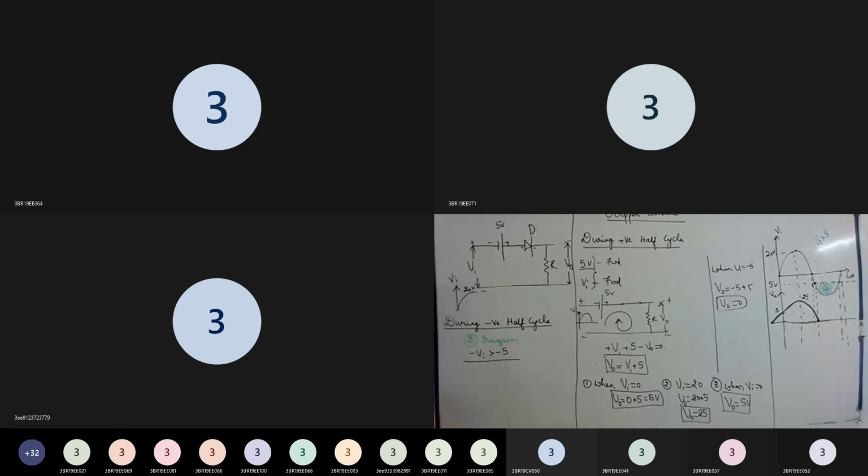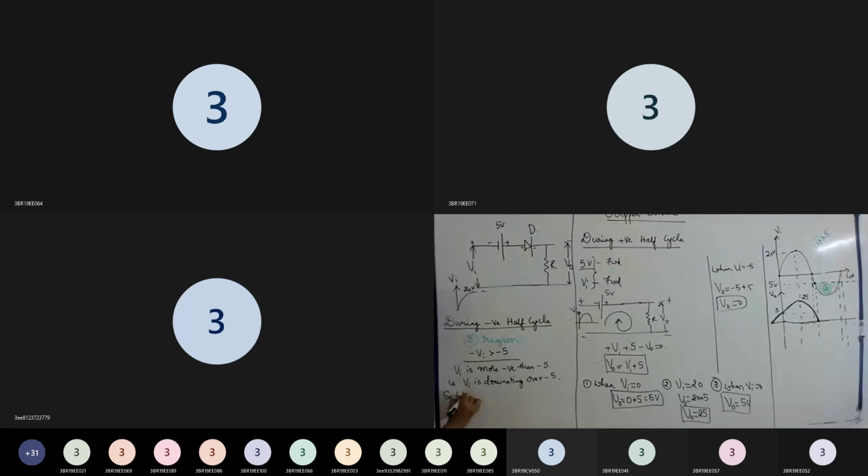This is the relation, or you can write it in words: Vi is more negative than minus 5. On the negative side, which one is dominating? Vi is more negative than minus 5, correct? Yes, ma'am. On the negative side, please understand, don't get confused. Vi is dominating over minus 5.